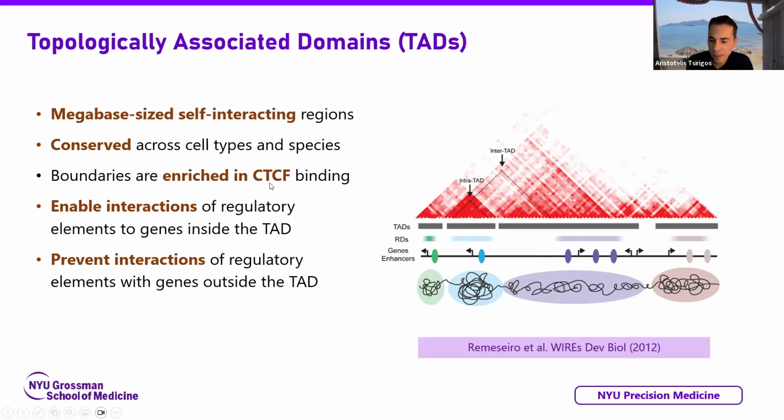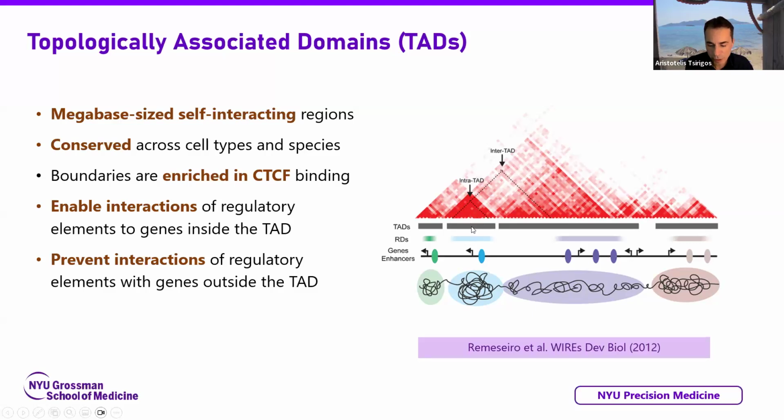So CTCF is known for its insulating function, because what you have to keep in mind is that these topological domains enable interactions within the locus, but they also prevent somehow, through CTCF in this particular case, interactions from neighboring domains.